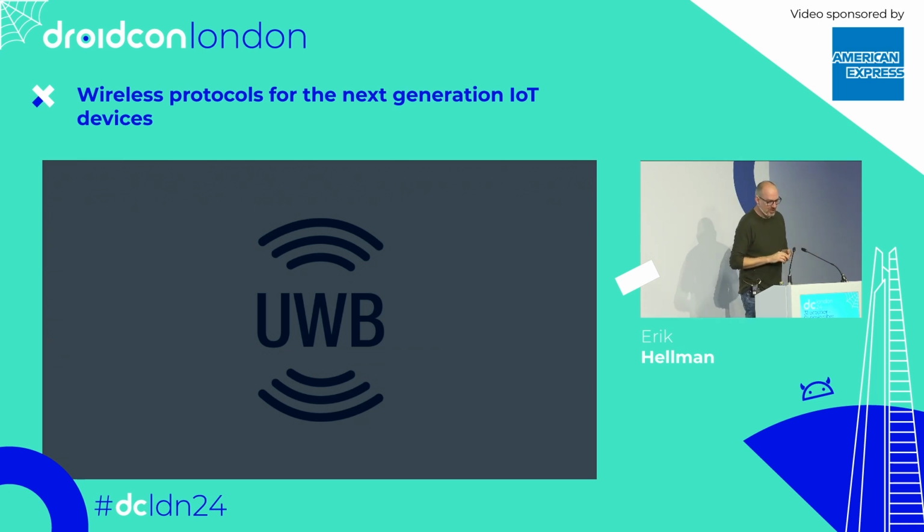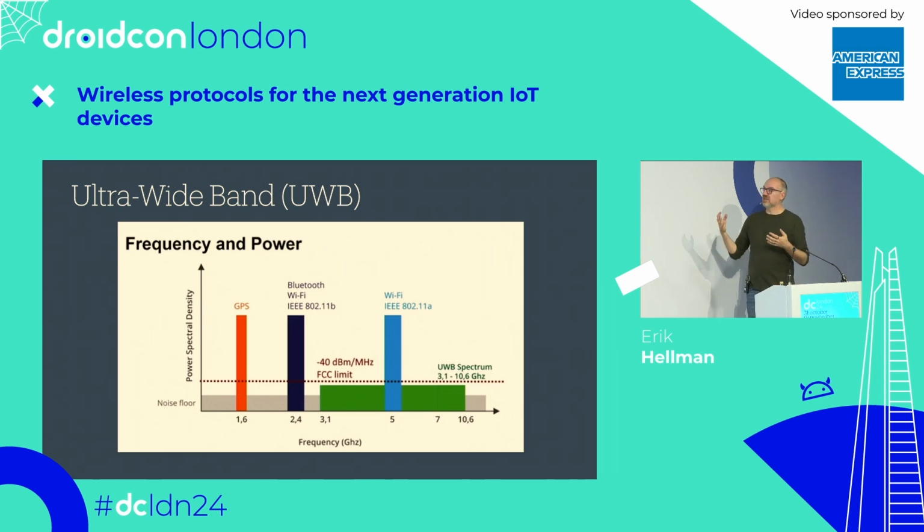So ultra-wideband looks like this on the frequency and power graph. It's below the FCC limit for how much power you're allowed to use before you have to use dedicated channel space. That's why it can be so wide, from 3.1 gigahertz to 10.6 gigahertz.